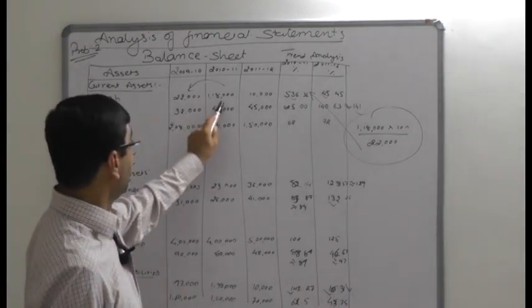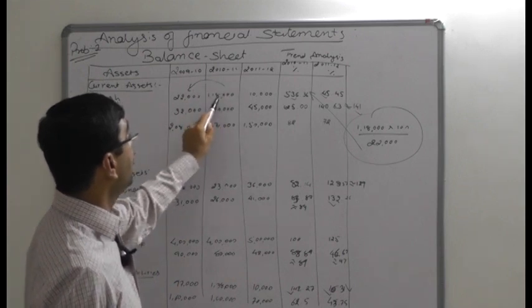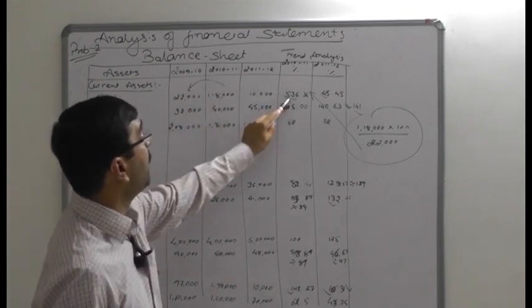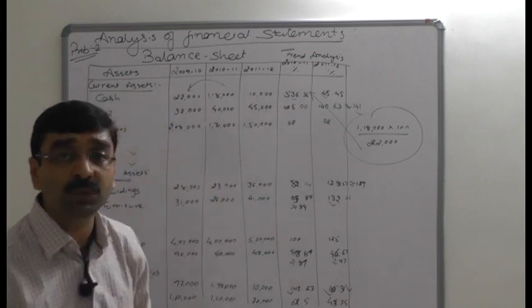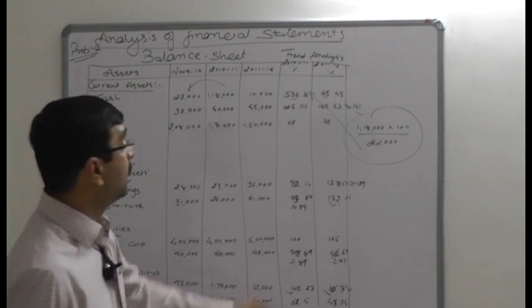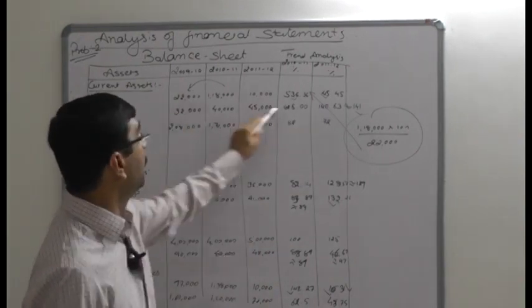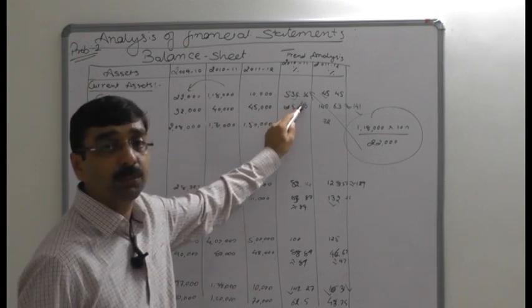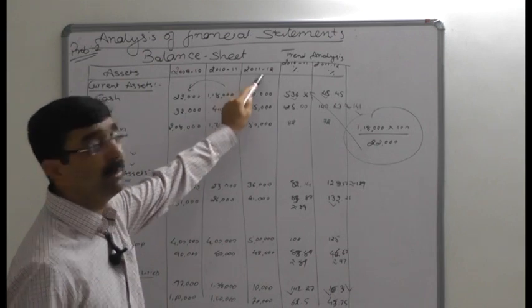It means that the 2010-11 closing cash balance has increased by 536.36% as compared to the base year 2009-10. This is the change for the current year. If the base year is 100, this year would be 536.36%. Now we compare for 2011-12.